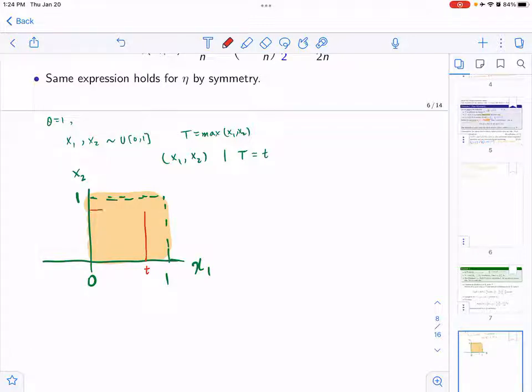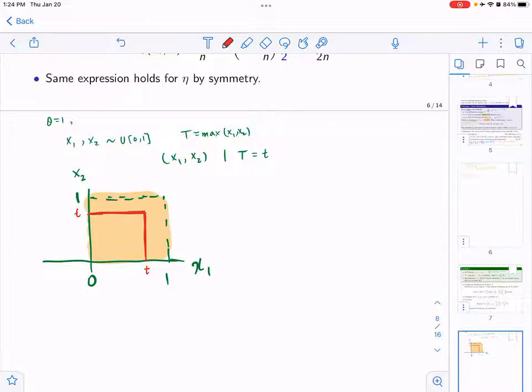Or x2 is t, in which case the other guy has to be from 0 to t. Okay, so the conditional distribution would be supported on this.